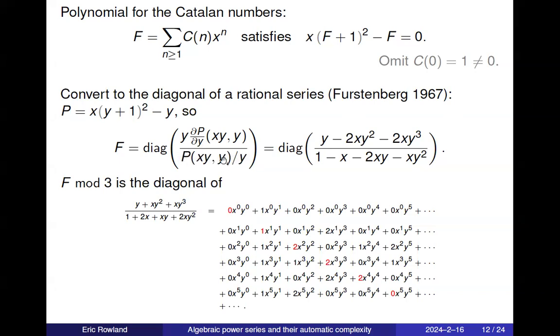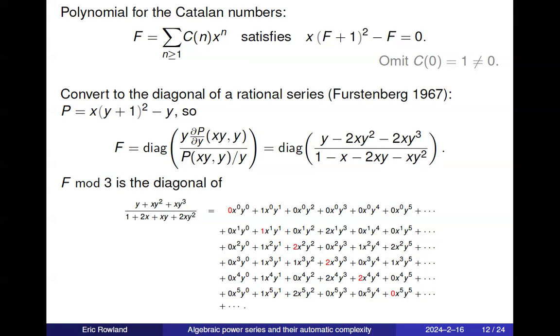This y down here is because, since we've required the constant term of the series to be 0, all of the monomials here are divisible by y, so you can get rid of a y from them. And then there's an extra y up here. For this polynomial, for the Catalan numbers, you get this bivariate rational series.